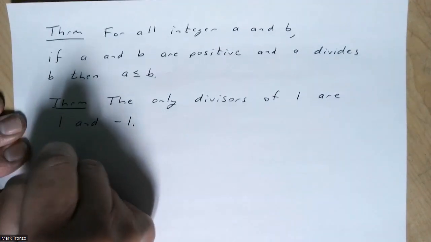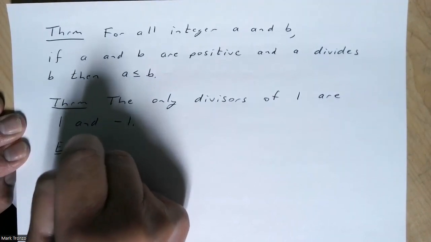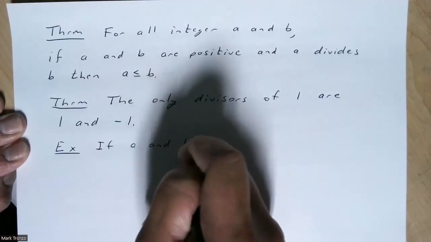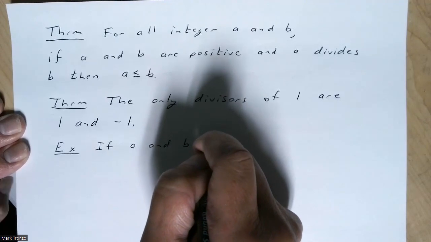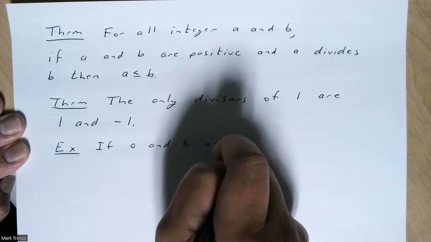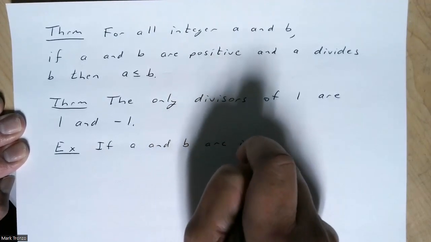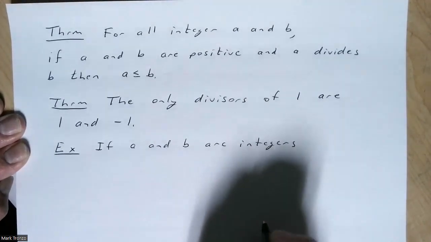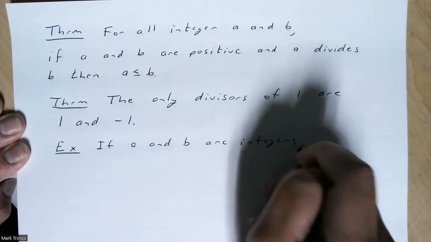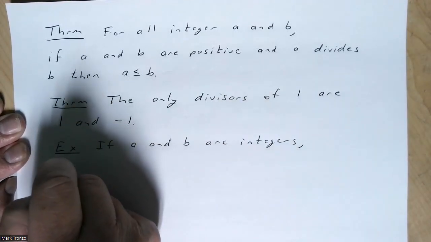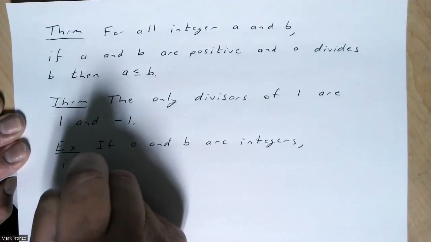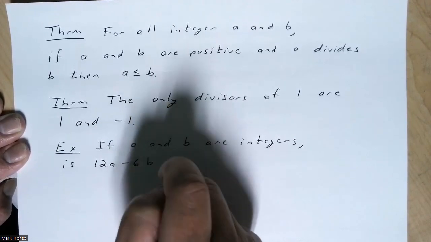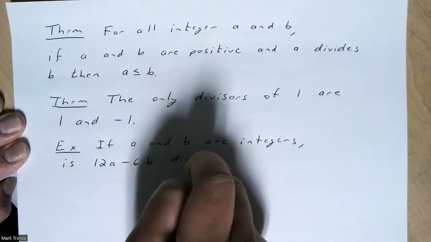And let's go through some examples. If A and B are integers, is 12A minus 6B divisible by 3?